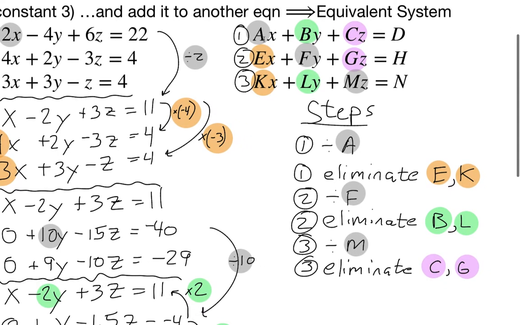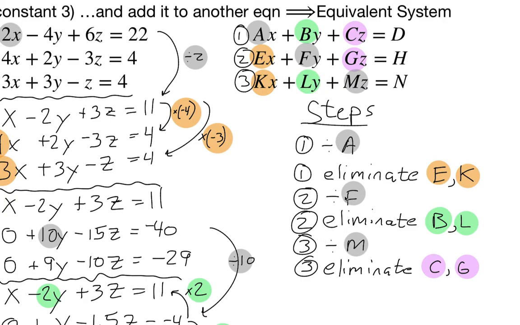Once you have just x and not ax, you can use it to eliminate e and k. Then you take equation 2 and you divide it by f, so that you get just a y right here. And then you use equation 2 to eliminate this b, the whole term by goes to 0, and the whole term ly goes to 0.